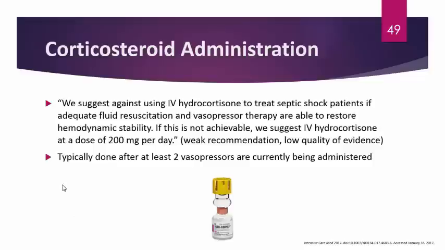For patients who are still refractory to fluids and vasopressors, you may give IV hydrocortisone, a corticosteroid, to achieve hemodynamic stability. What they suggest in the guidelines is 200 milligrams per day, or 50 milligrams IV every 6 hours. It's a weak recommendation with a low quality of evidence, because it's been shown in some studies not to have any mortality benefit. But some patients may need the steroid as a little bit of a kick.